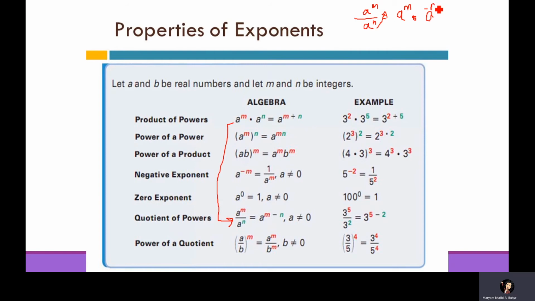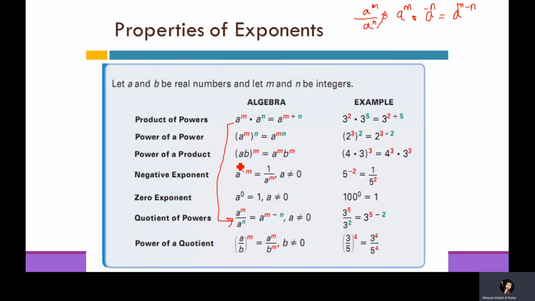Now they are the same base but different powers, so I add my powers: a to the power m plus minus n. So that's what I had. Keep this in your mind: there is a big relationship between them.